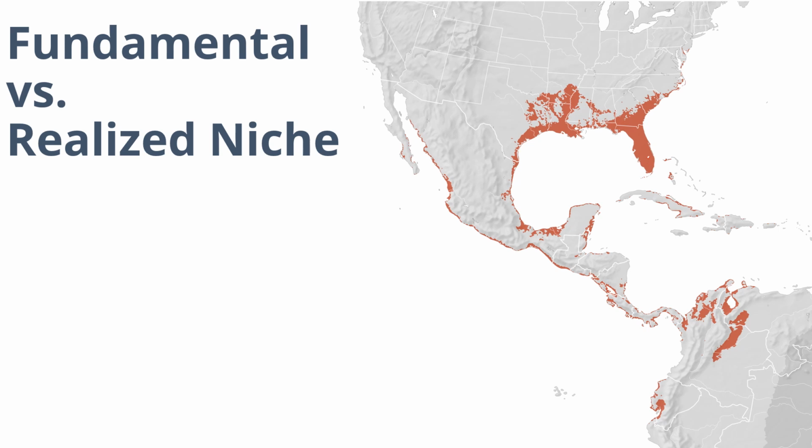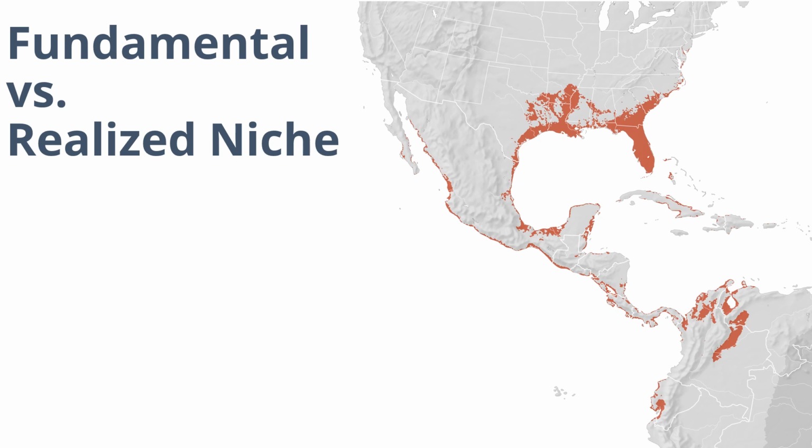Community ecologists are also interested in the difference between the fundamental niche and the realized niche. So the fundamental niche is the set of conditions within which a species can live in the absence of competitors.